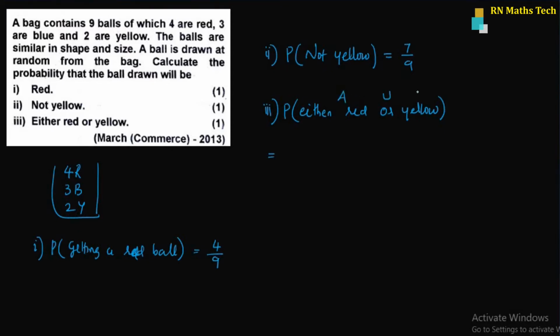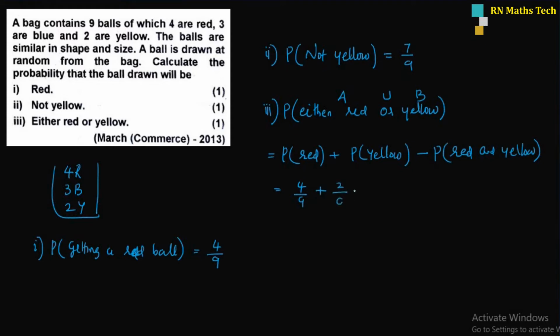If the one is A, the other is B, this is of the form P of A union B. That is P of red plus P of yellow minus P of red and yellow. Okay, that is P of red ball is 4/9 plus P of yellow balls is 2/9 and a ball which is both red and yellow, that is 0, that is equal to 6 by 9.